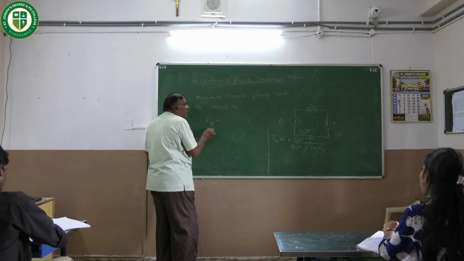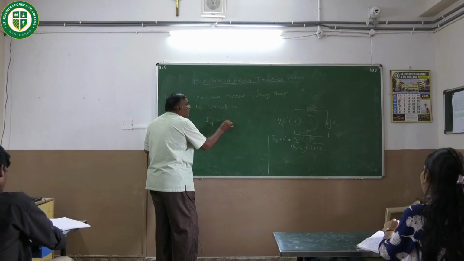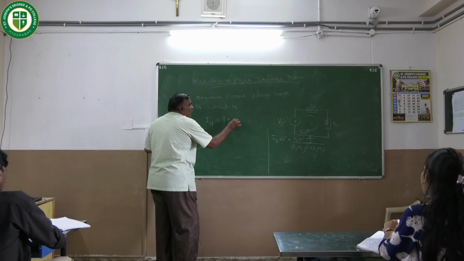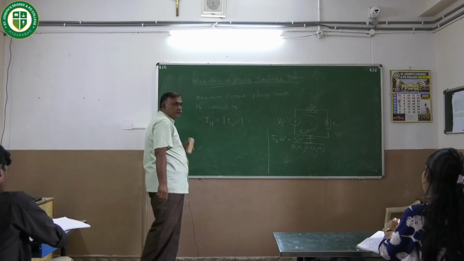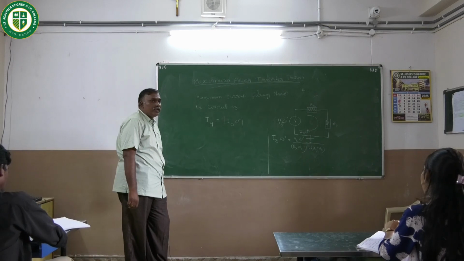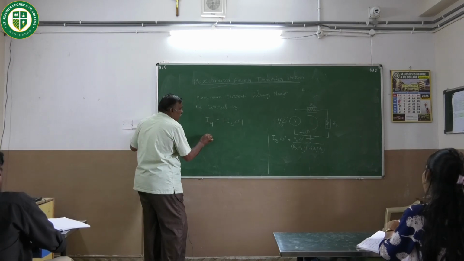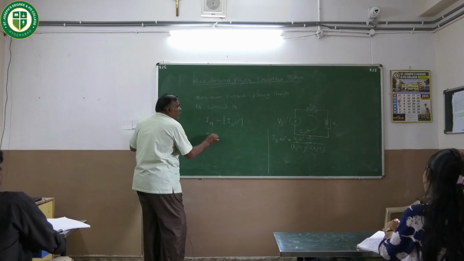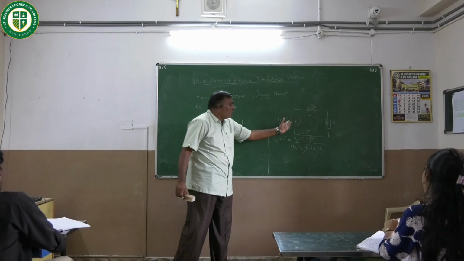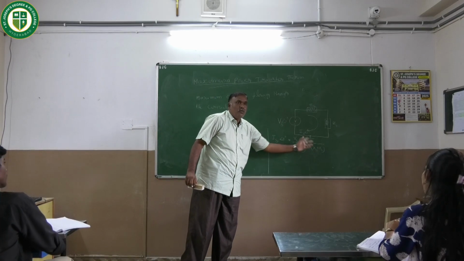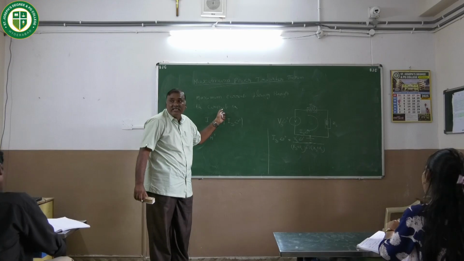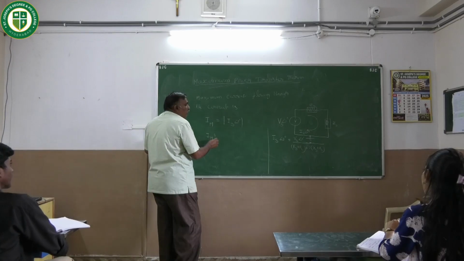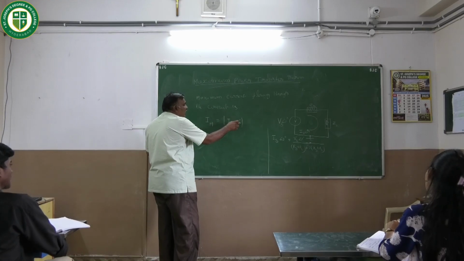The maximum current can be obtained by taking the modulus of Is angle of 0 degrees. If I take the modulus of this, what I am going to get is the maximum current. So modulus of Is angle of 0 is going to be Im.